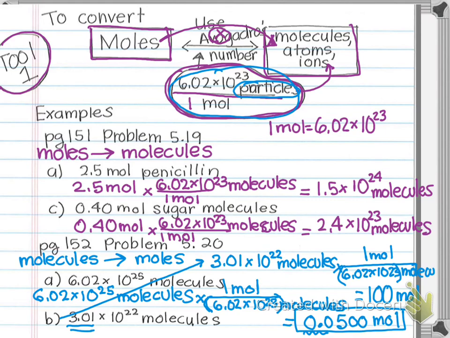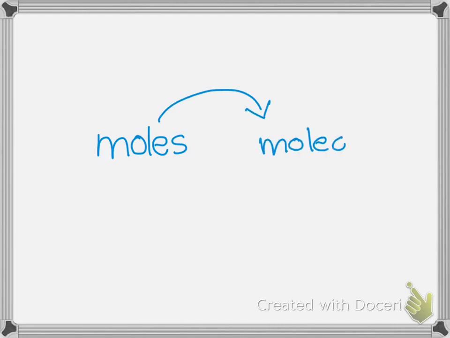So a summary of that then: notice on the second one, if I was given molecules and I wanted to go back to moles, I divided. So to summarize, if I have moles and I want to go over to molecules, I'm going to multiply by Avogadro's number.